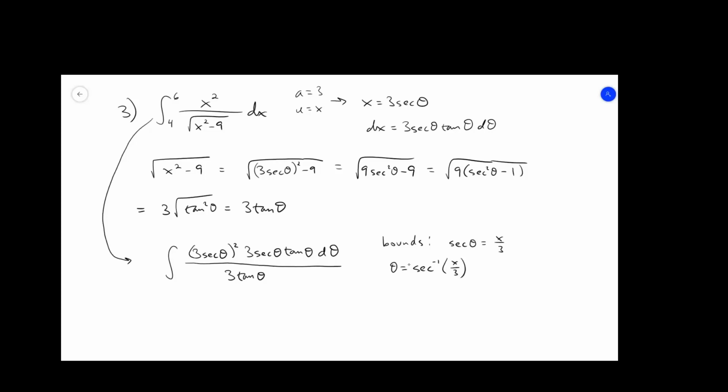And so in the upper bound, what am I going to get? Theta upper is equal to the inverse secant. What was it before? It was 6, right? And then over 3. And so that's arcsecant of 2, or inverse secant of 2.